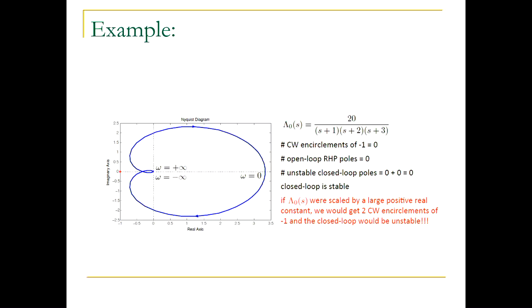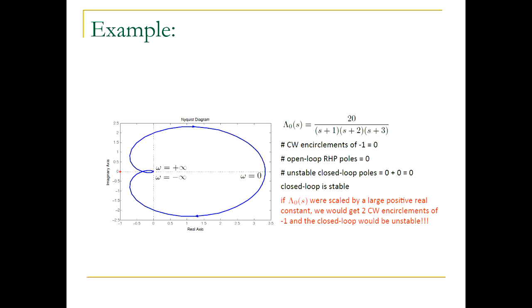If I was sitting inside at this point, as omega was changing, I would have to make 2 full rotations by looking at it. 1 rotation, 2 rotations, in the clockwise direction. So this tells you the system would become destabilized if I apply high gain to the open loop. You can easily analyze high gain control.